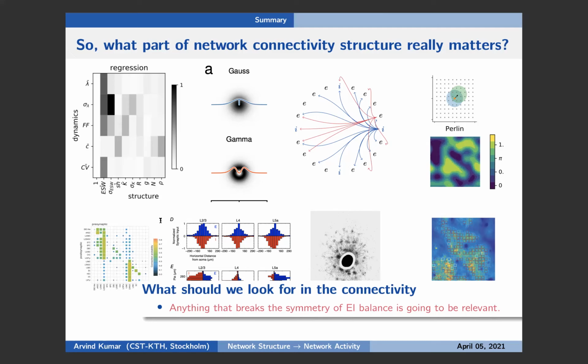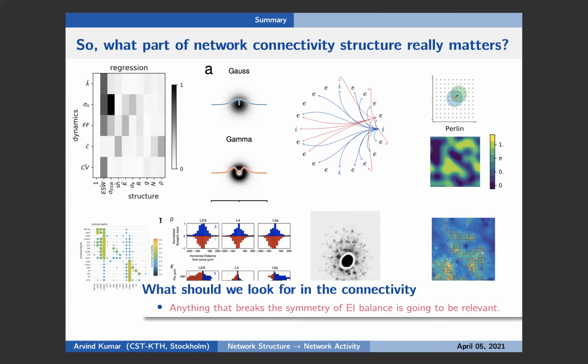And why should topology matter? If we really summarize this, the key here is that whatever breaks the symmetry in the network, and symmetry now of EI balance, that parameter becomes crucial. In these random networks with scale-free small-world topology, they are all homogeneous networks.